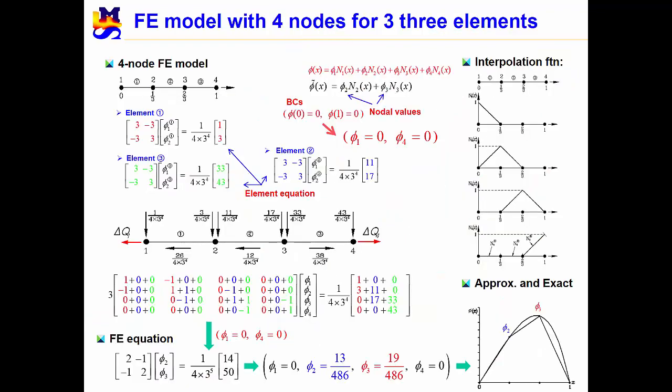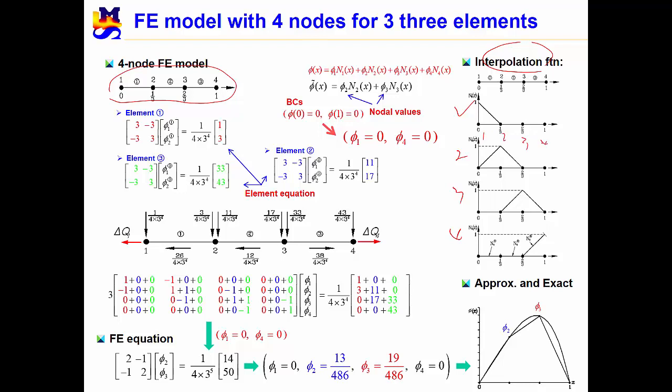I would like to obtain an approximate solution of the same problem by FEM. The solution domain is discretized into 3 identical elements, as can be seen here, in a finite element model defined by 4 nodes and 3 elements. Then we can define 4 interpolation functions at 4 nodal points as depicted here.